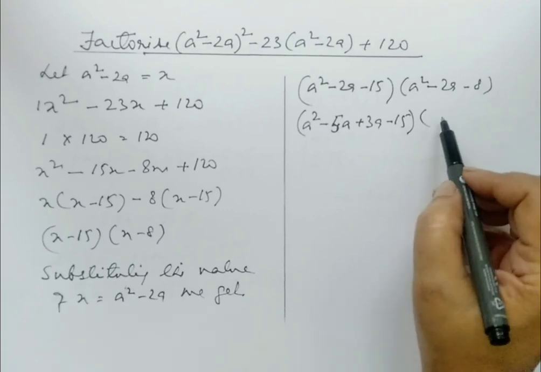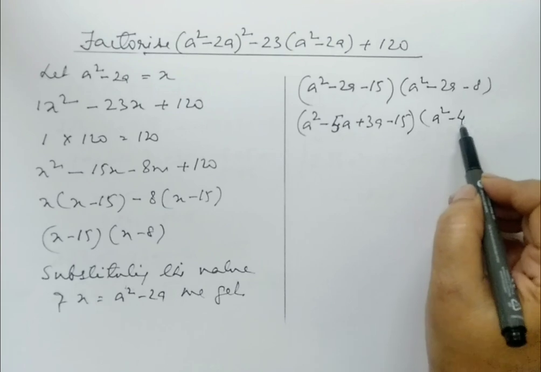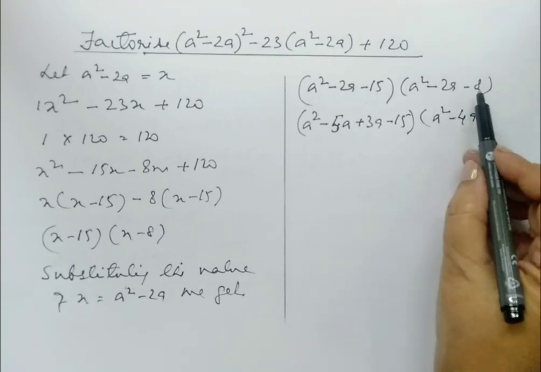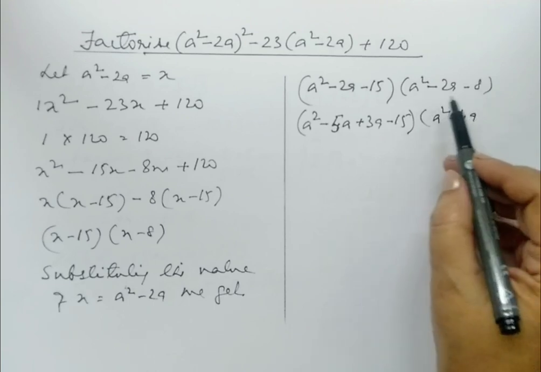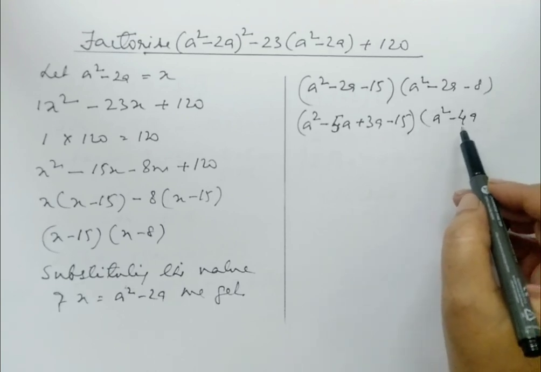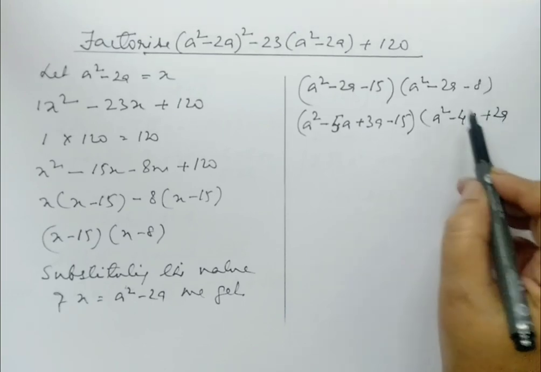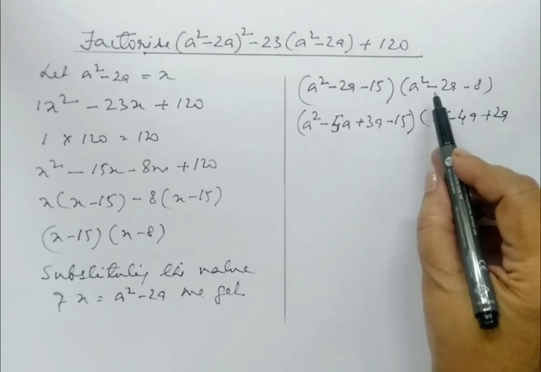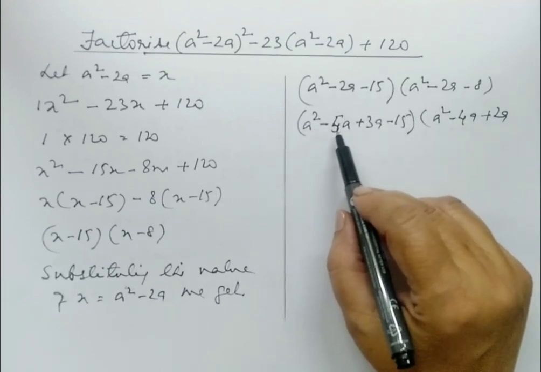Second one is a square minus 4a, because we have 8, 4 twos are 8. Okay, so we have minus 4a plus 2a because we need a sign of minus here. The same was here too.